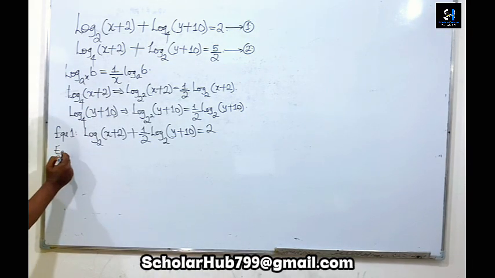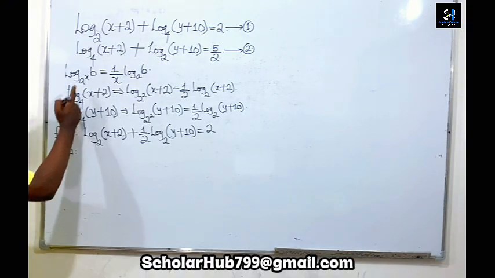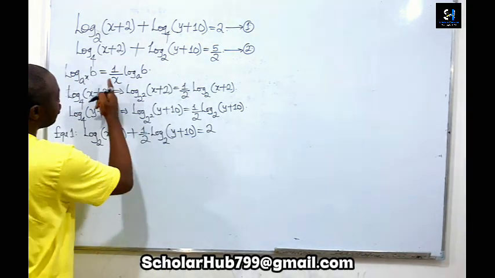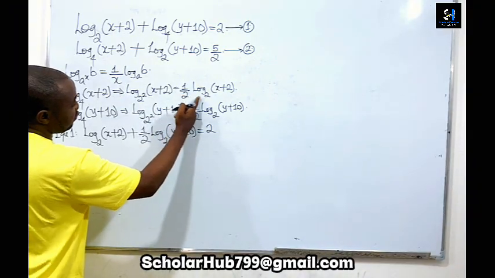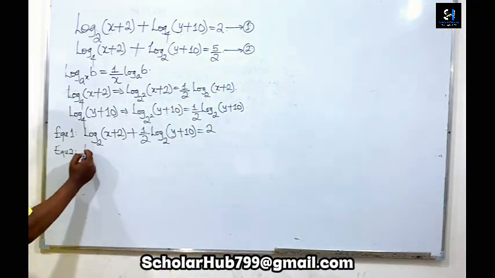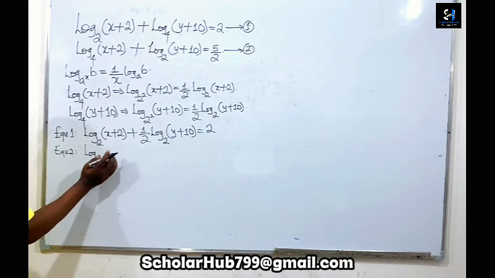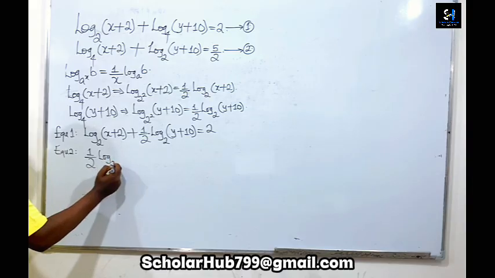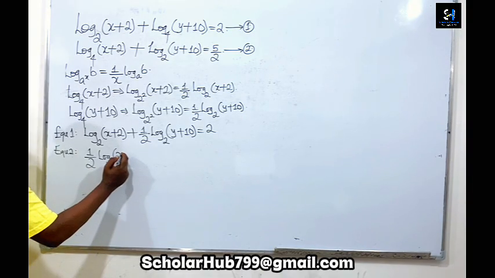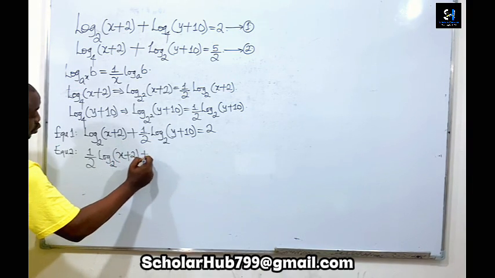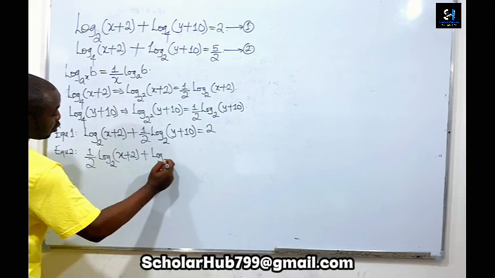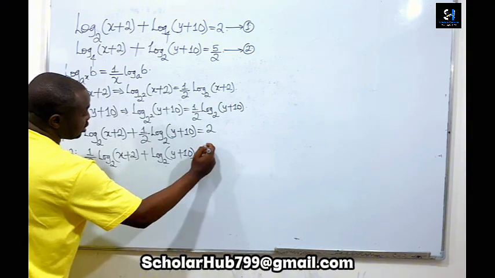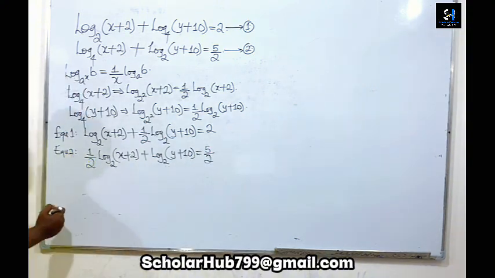All right, so equation 2. For log base 4 of (x + 2), this is 1/2 of log base 2 of (x + 2). So this will be 1/2 of log base 2 of (x + 2), then plus log base 2 of (y + 10), and this equals 5/2.